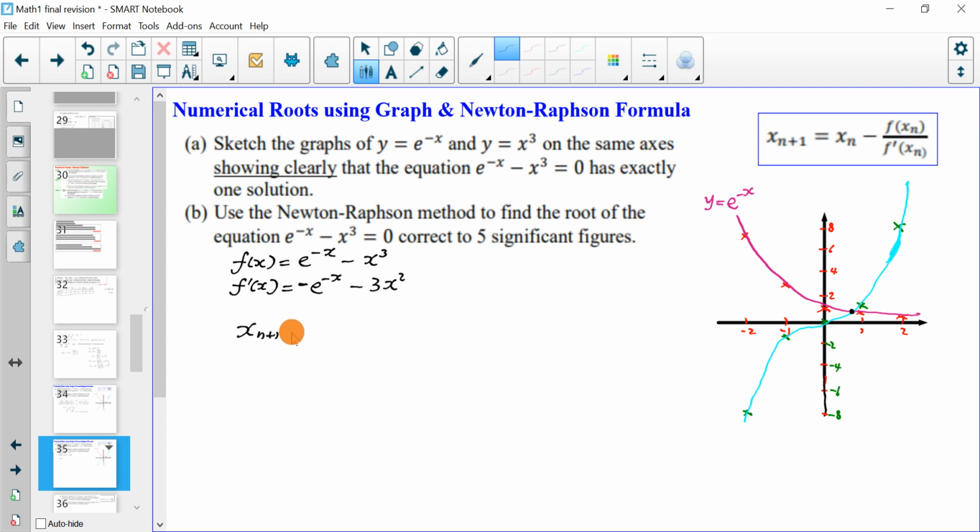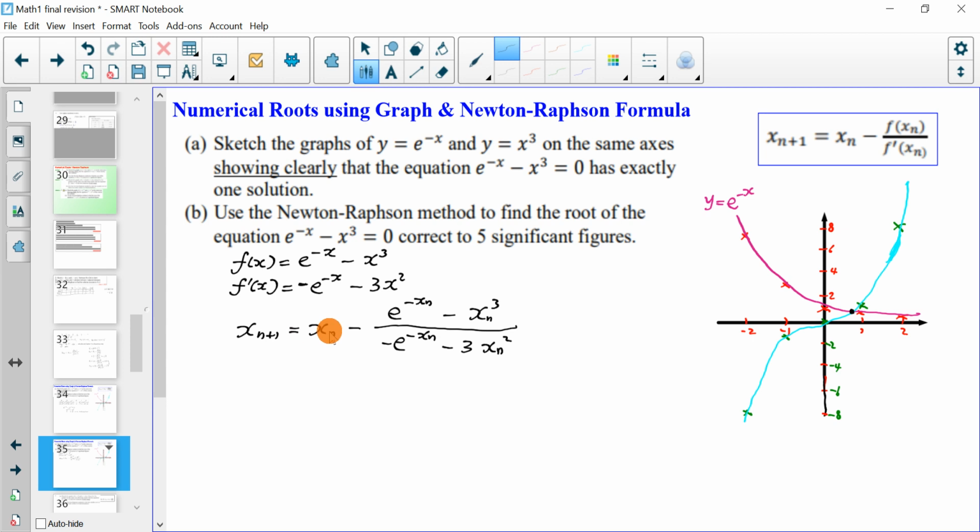So if we now write our Newton-Raphson formula, it would look like this. xn plus 1 equals xn minus, so the function, which is the first row, e to the minus xn minus xn cubed over the second row here, so minus e to the minus xn minus 3 times xn squared.